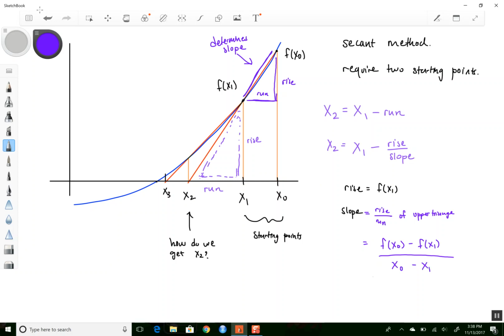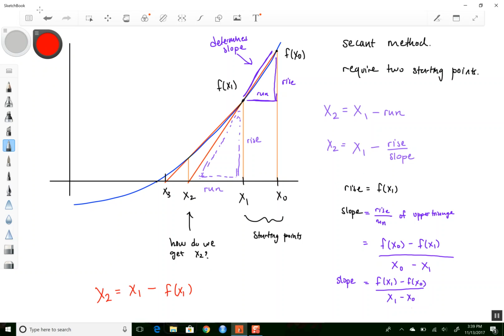Or equivalently, it's also the same if we write it the other way: f of x1 minus f of x0 over x1 minus x0. These are exactly the same, right? Either of these is going to be my slope. So putting this all together, I've got x2 is equal to x1 minus the rise, which is f of x1, divided by the slope.